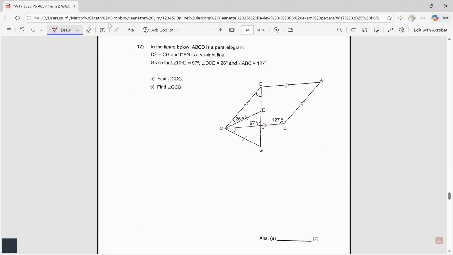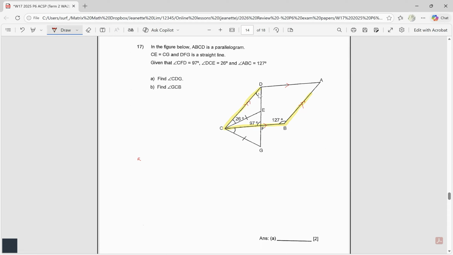Okay, so first I'm going to use the parallelogram and find this. You have interior angles. I am going to find this DCB first, okay? Because if I can find this, then DCF, this triangle, I can use 180 minus this, minus 97 to get this CDG, part A. Okay.